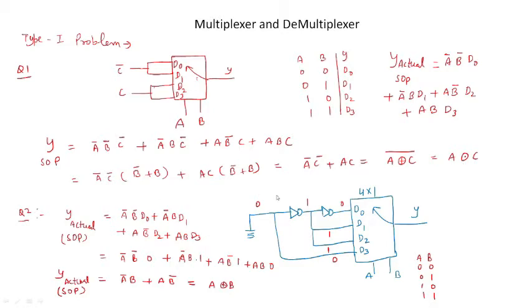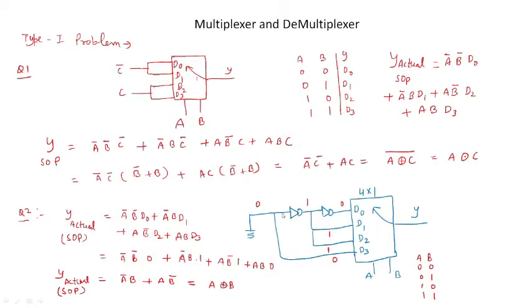Now the second problem is that this is the diagram of a 4 by 1 multiplexer, and one of its inputs is grounded. So when an input is grounded, it is regarded as 0. Here you'll see that this input line goes to D3, then there is a NOT gate.